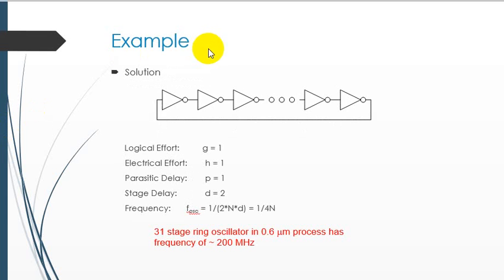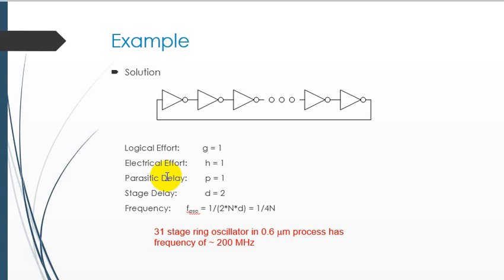It's a basic simple inverter, and we know that the logical effort of the inverter is 1, and the formula of the electrical effort is C out over C in, so again we find the value of 1. The parasitic delay, the diffusion capacitance, is also 1, and the stage delay is basically 2.